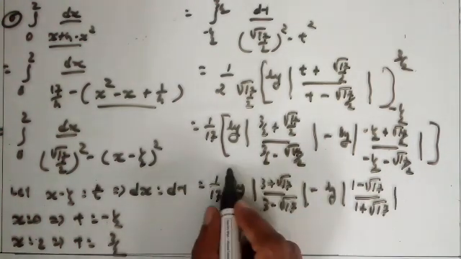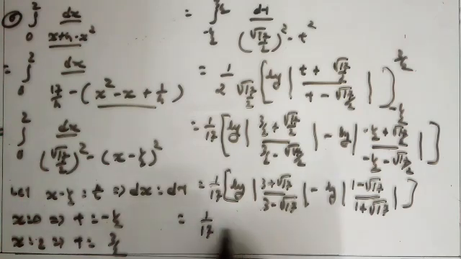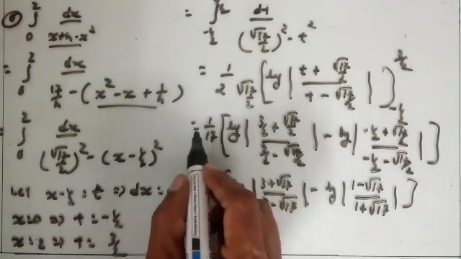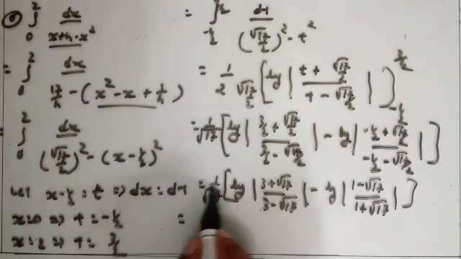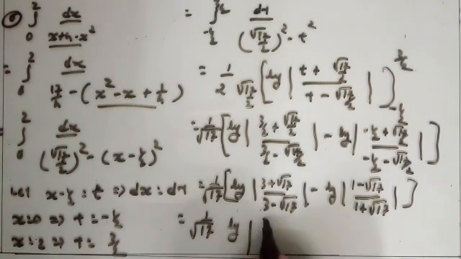So it is equal to 1 upon root 17 log 3 plus root 17 upon 3 minus root 17.